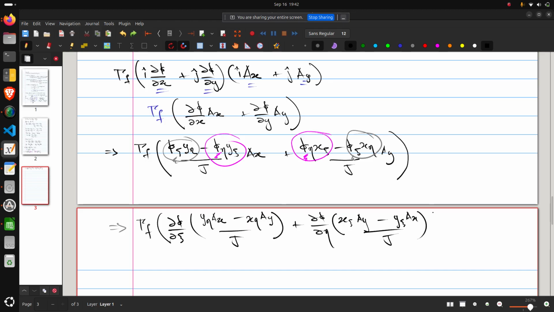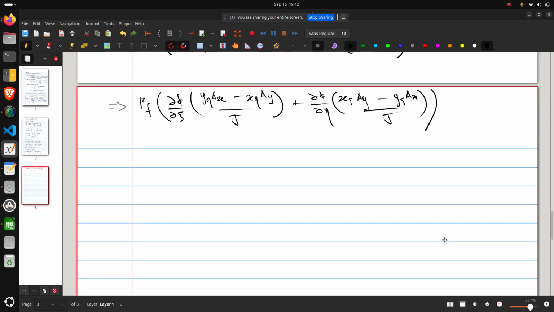So everybody clear till this part? I hope so.